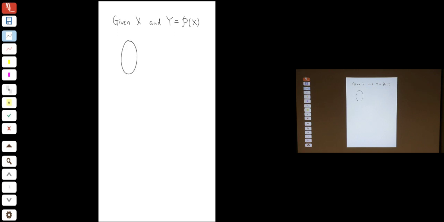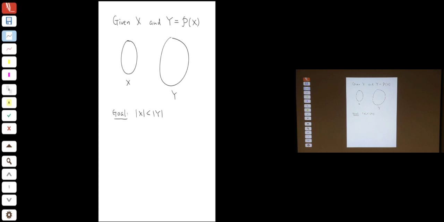So here I have X. Let me draw it a little bit larger. So I have Y. Now our goal is to show, let's first do it slowly, X is strictly less than Y, right? And we have already seen this. We want to show this.